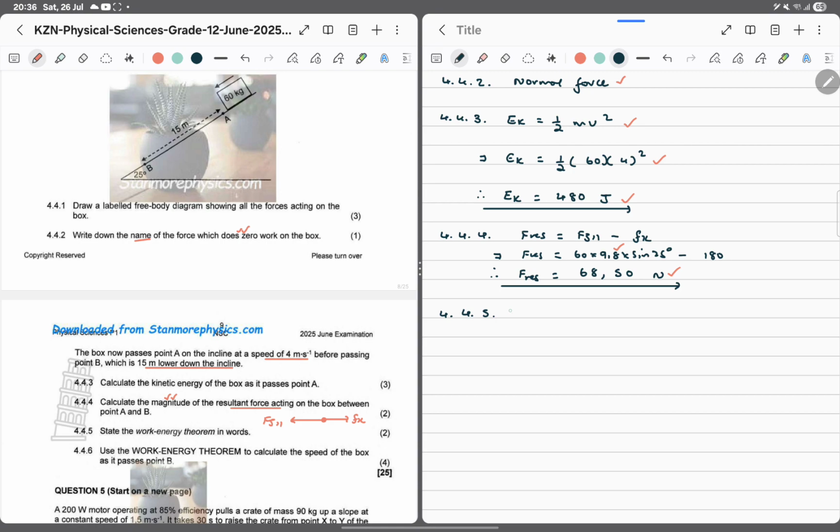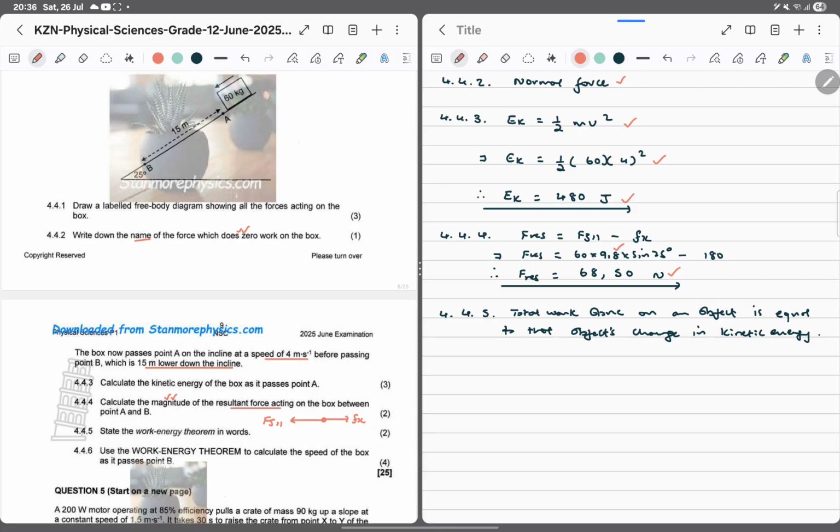Well, we know that the total work done on an object is equal to that object's change in kinetic energy.